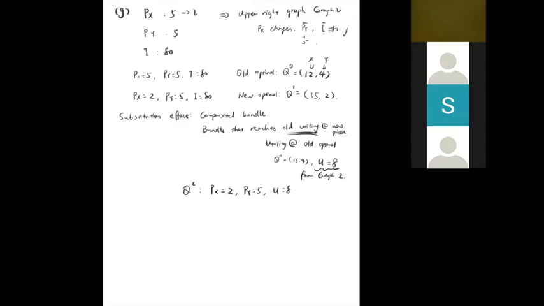Okay, because this is the new price after the price change, and this is the old utility. So we need to find QC such that these conditions are satisfied.